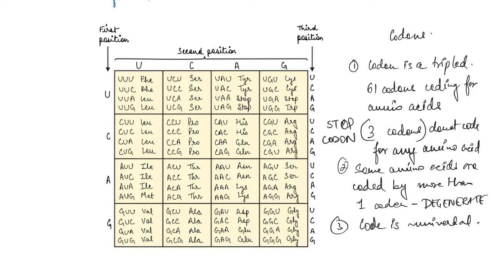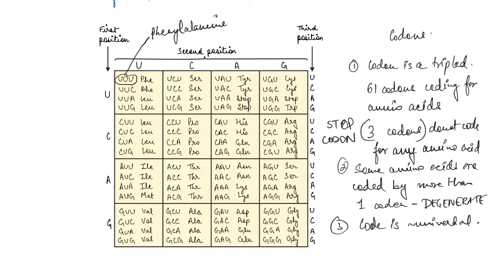So, for example, from bacteria to humans to any other living organism that you can think of, UUU will always code for phenylalanine, which is an amino acid, right? Now there can be some exceptions in some protozoans, remember, right?